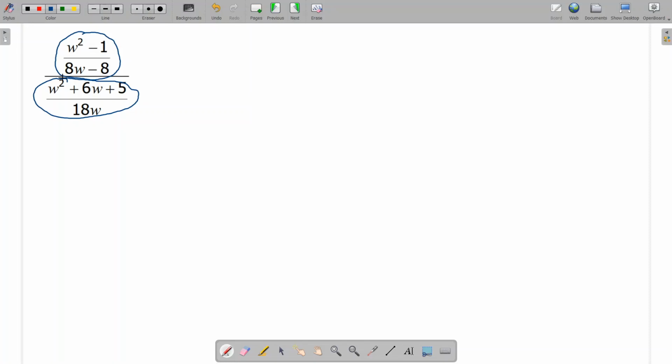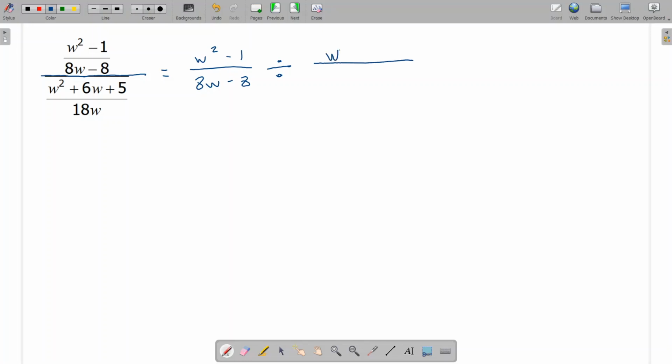So since we have a single fraction over a single fraction, what we want to do is start by just rewriting this so it's a little more manageable, a little easier to look at and work with. This fraction bar is telling us that we really have w squared minus 1 over 8w minus 8 divided by w squared plus 6w plus 5 over 18w.